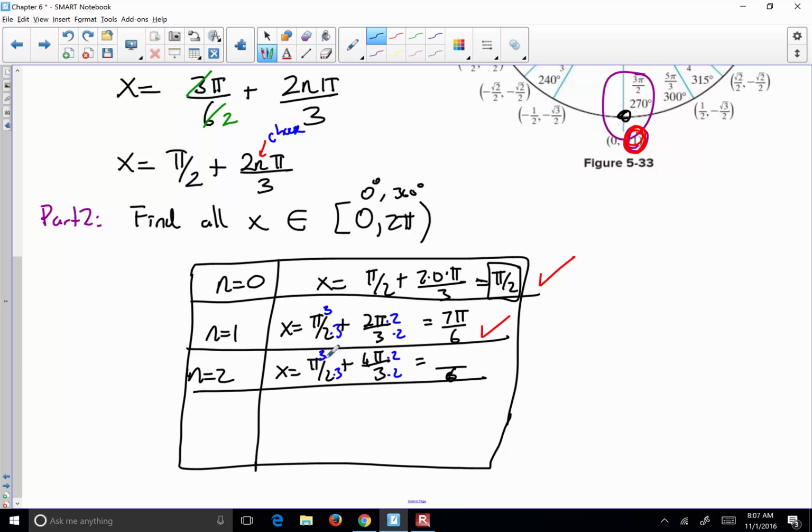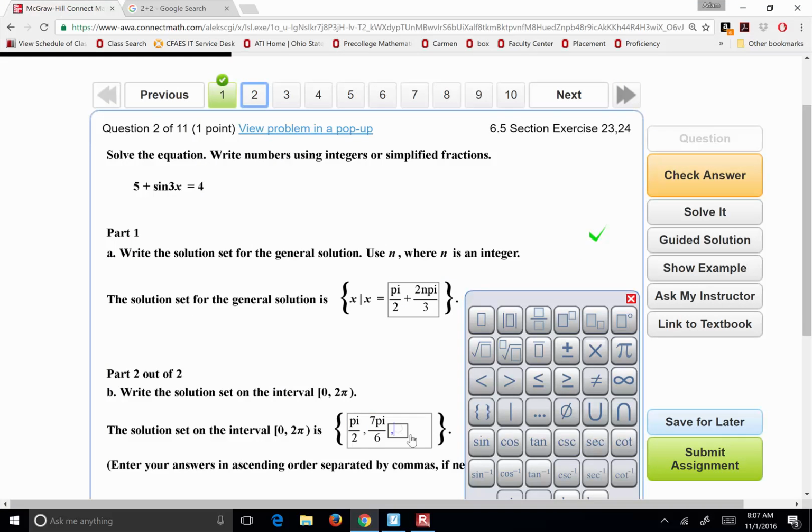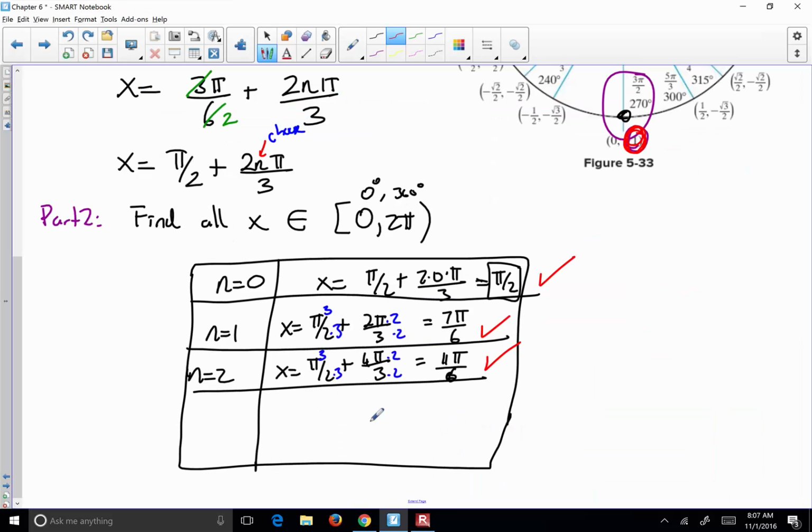At the top is 3 pi plus 8 pi, 11 pi over 6, right? Is 11 pi over 6 less than 360? Yes, because it's 330. I caught one more fish. 11 pi over 6 is here. Wow, how many are we going to get? Let's keep counting. How about n equals 3?